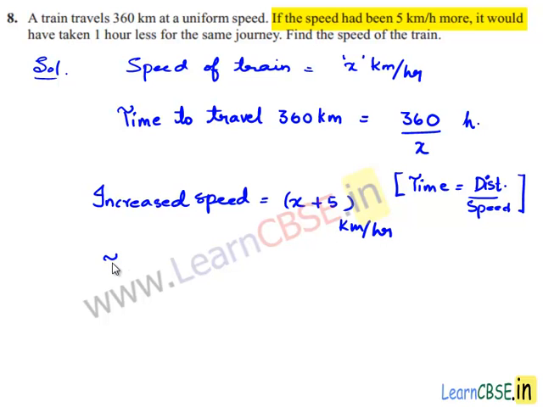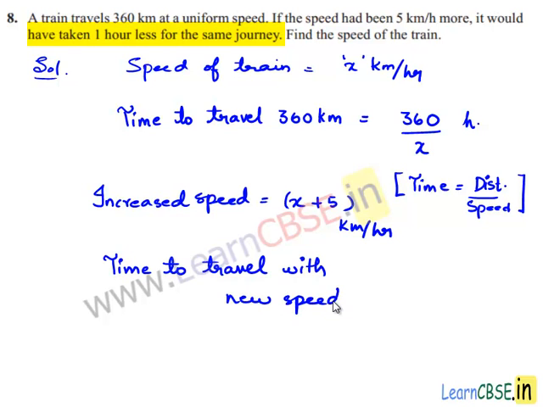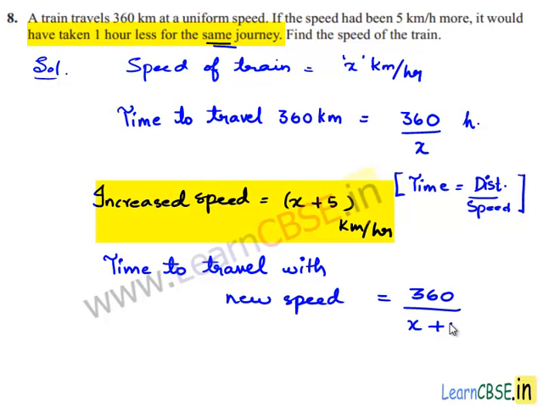Now time taken to travel with the new speed is equal to, since the distance is same, we write distance as 360 and the increased speed is x plus 5.